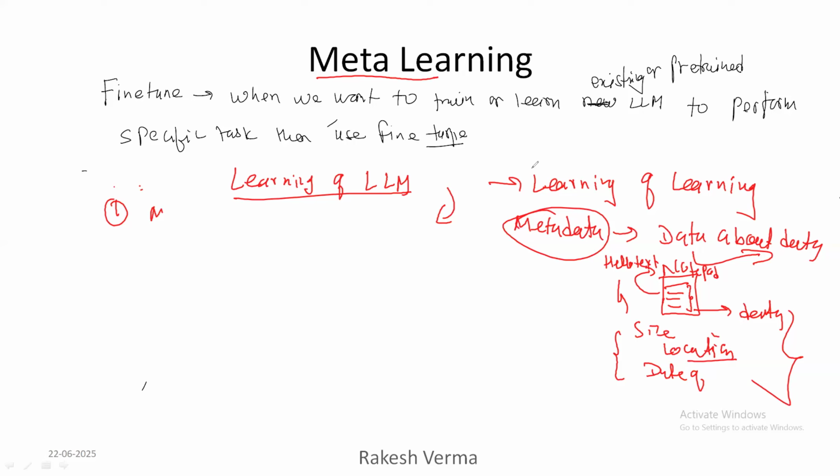Similarly, meta learning is about how to learn a learning. That means what particular type of learning the LLM is doing is learned by the model. Meta learning is performed in two ways. First is meta training, that means how to train the model. The process or steps to train the model are defined in the meta training.